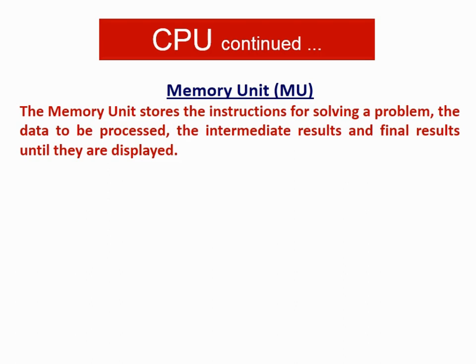Memory unit is actually just like your brain or your memory, where if I tell you to calculate 2 plus 4 plus 6, what are you doing actually? You are first adding 2 with 4, then whatever result comes out, you are adding it with the third one, that is 6, then 6 plus 6, finally you get the actual or final result, that is 12.